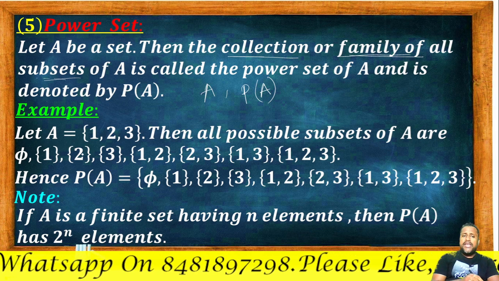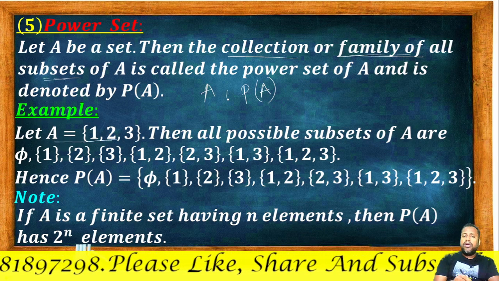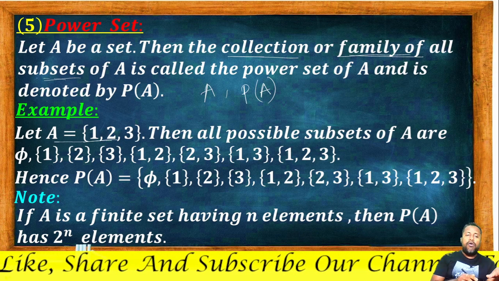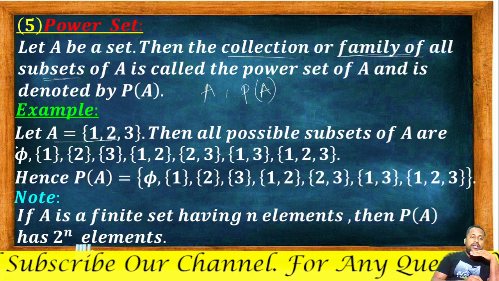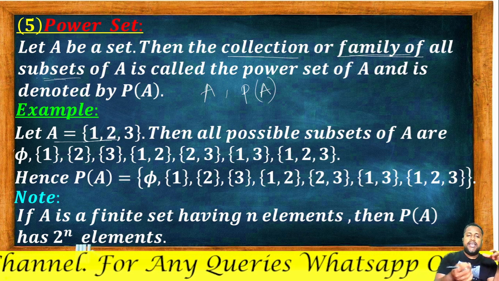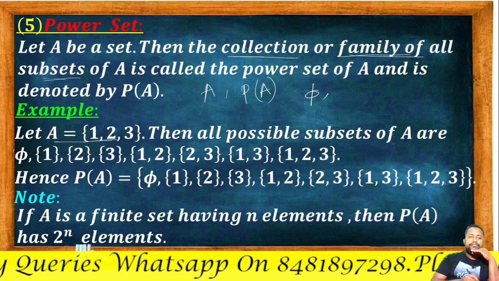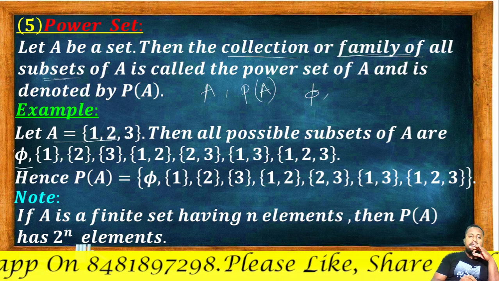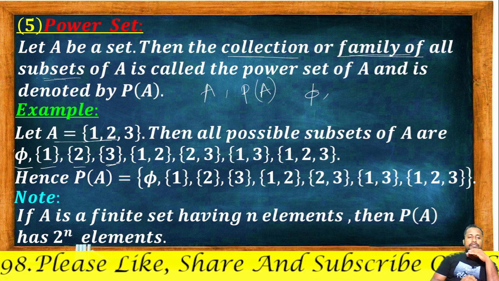Now say if we consider any set A equal to {1, 2, 3}, then how many subsets can be formed from this set A? First, empty: we can form a set without considering any element. That is the first one. Second, considering 1, 2 and 3 separately, we can form 3 singleton sets.